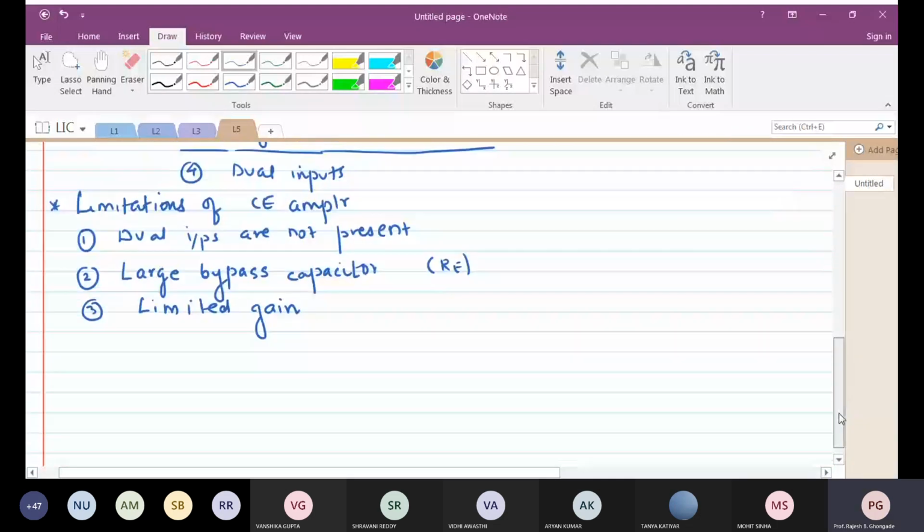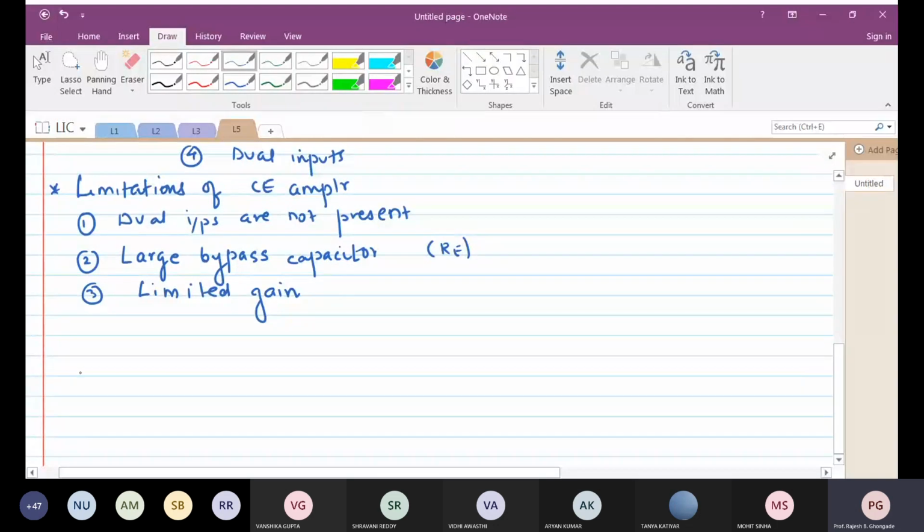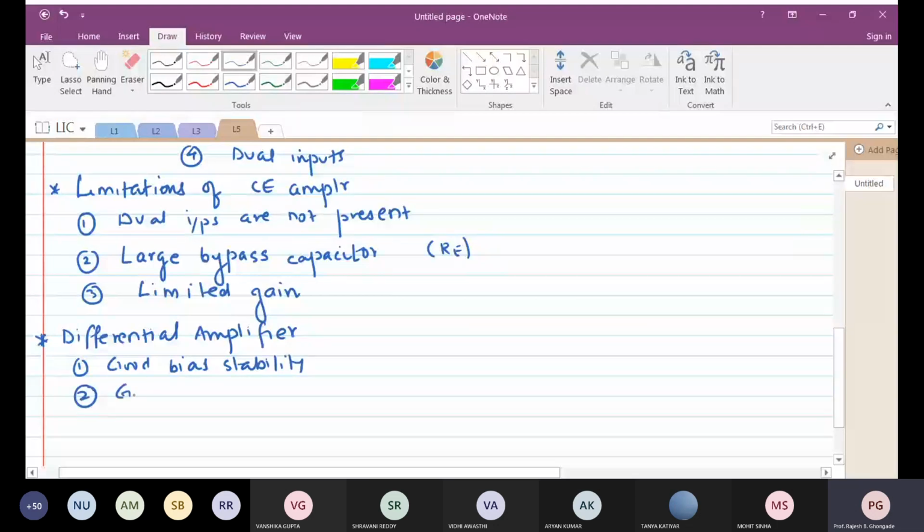So the alternative circuit, or the very interesting circuit that we are going to use, is called a differential amplifier. Okay, so we use what is called a differential amplifier because it has, number one, good bias stability. Number two, it has got a good gain.